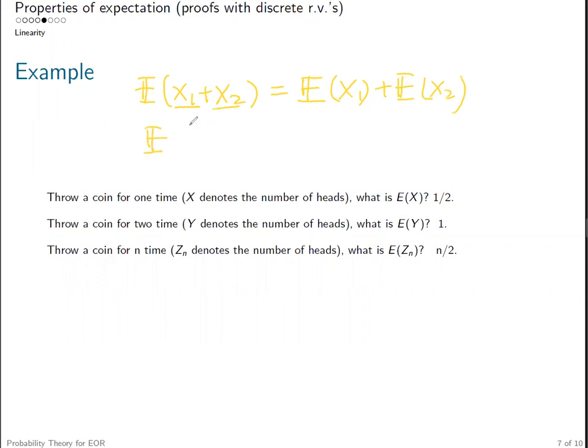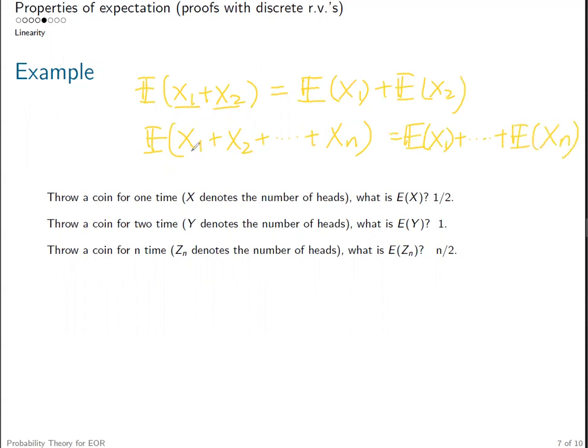If we throw n times, that's going to be X1, throw for a second time, third time, until n times. And it's going to be the summation of E[X1] until E[Xn].